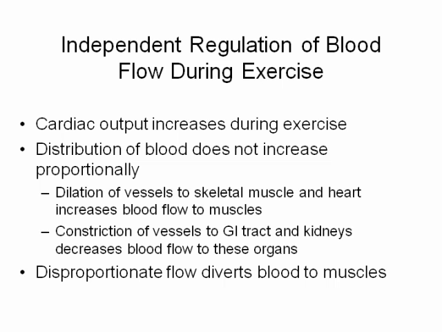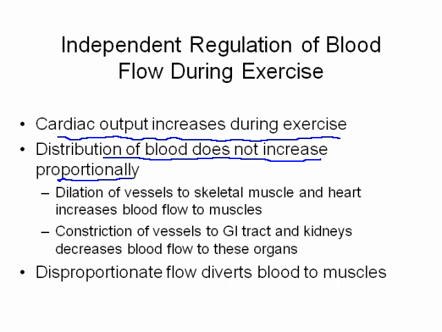Blood flow is regulated differently during exercise. Cardiac output increases during exercise, but the distribution of blood flow does not increase proportionally. Remember, we have the parallel arrangement of blood vessels in our body, that different vascular beds going to different organs are arranged in parallel.